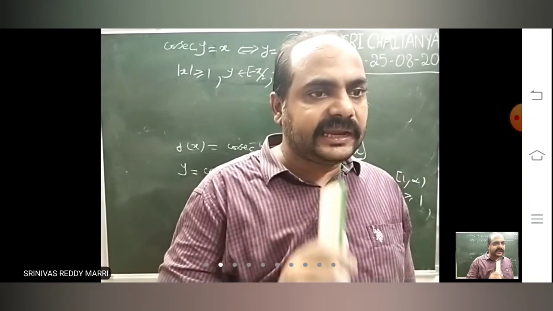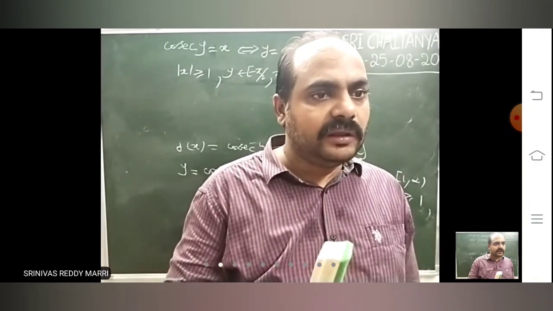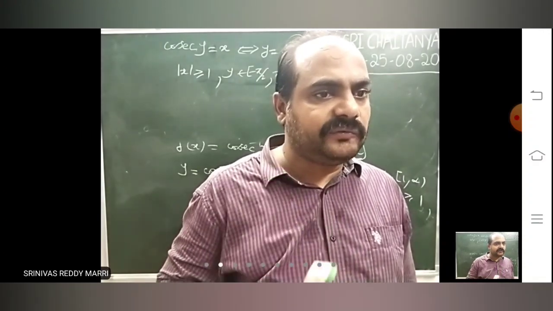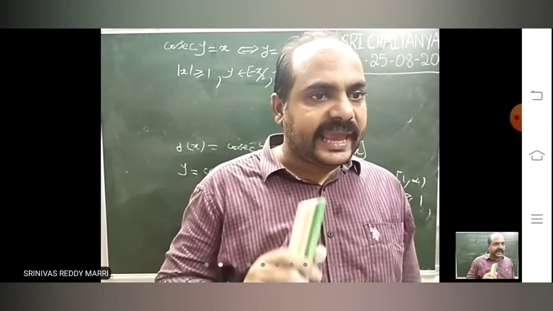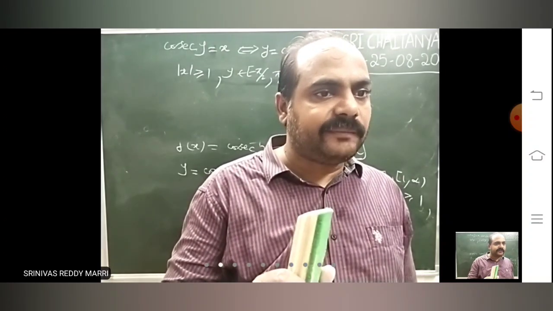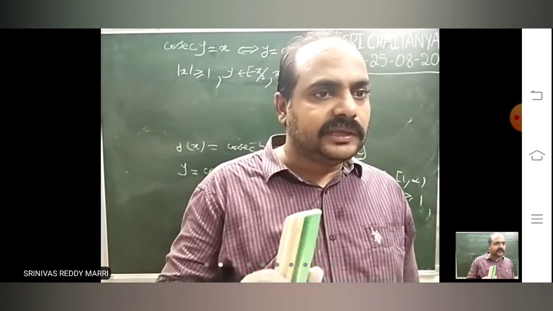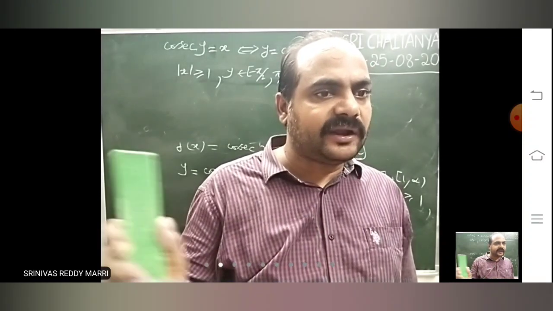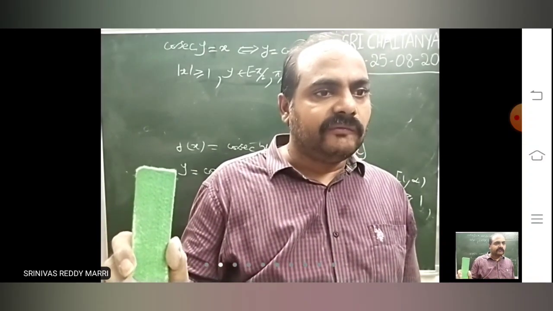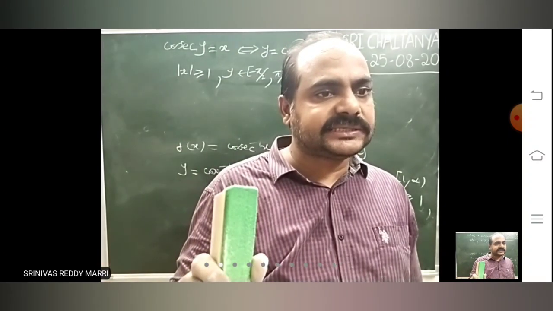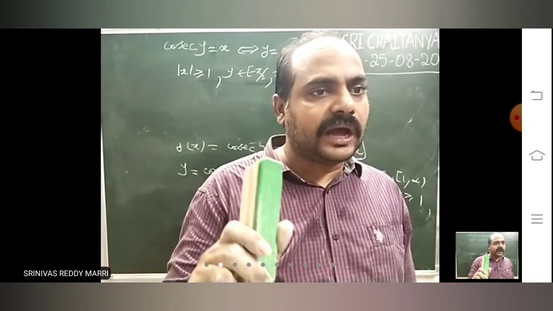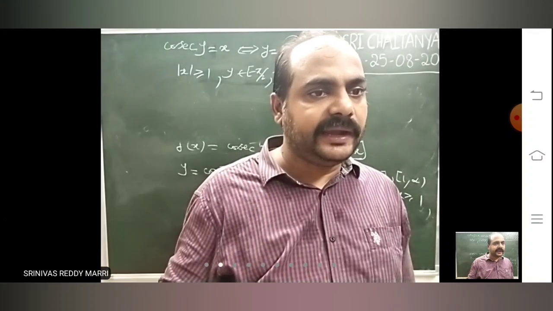Next, secant inverse x. What is the domain rule? Modulus x greater than or equal to 1, so x belongs to minus infinity comma minus 1 closed union closed 1 to infinity. Then only it will be defined. The range of secant inverse x is closed 0 comma pi minus pi by 2.